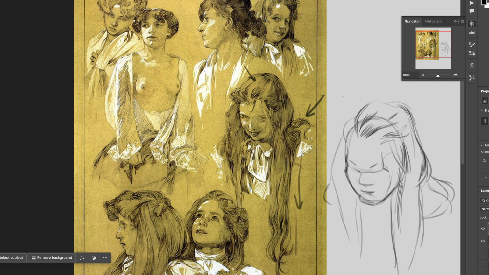Put this opacity down. Yeah, he does put down a large tone here, also to imply shadow. Right? So this is the general idea of what he's doing.